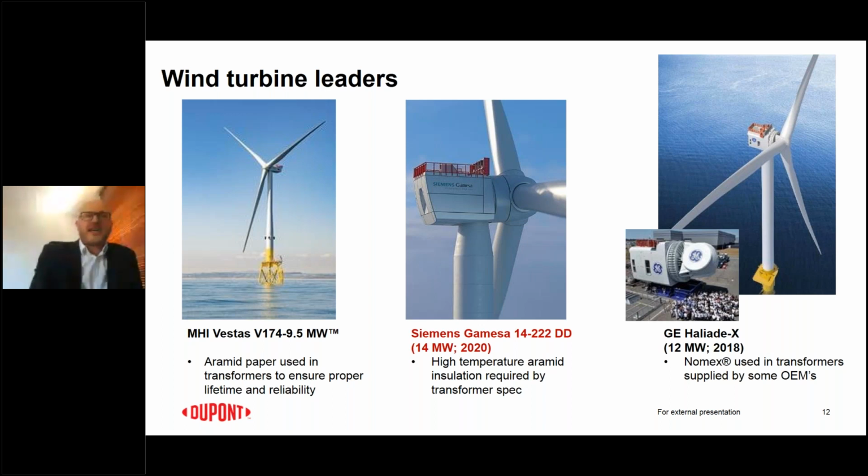We know also that the transformers for MHI Vestas also use aramid paper for ensuring the reliability and the extended life of the equipment. GE also uses transformers with aramid insulation. So all these leaders of the largest offshore turbines trust the technology of DuPont Nomex for the development of the transformers, which are important components of these turbines.